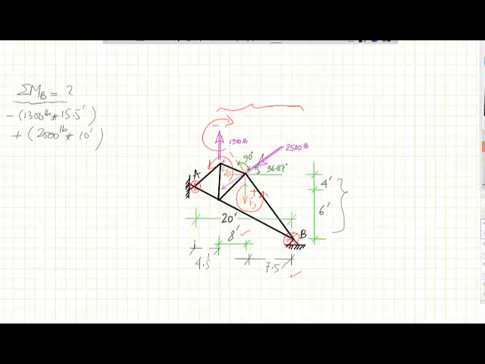And then Fy again is positive, so plus Fy is equal to 1500 pounds, and the distance for Fy is 7.5 feet. And the end result is equal to 8,000 pound-foot, and because it is positive, it will be counterclockwise.